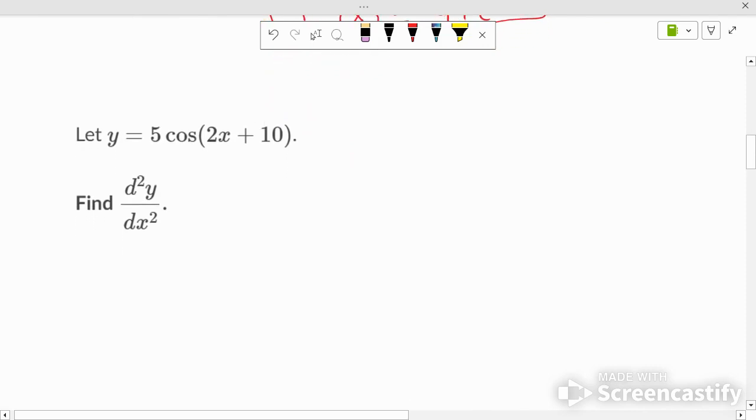Oh, trig functions. What would the first derivative of this function be? Negative 5 sine of 2x plus 10 times 2.